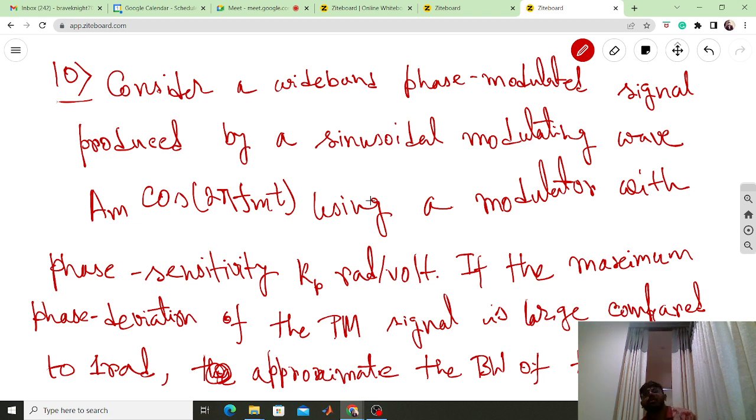So again, a wideband phase modulated signal produced by a sinusoidal modulating wave Am cos 2 pi fm t, using a modulator with phase sensitivity kp rad per volt. One assumption is given, that the maximum phase deviation of the PM signal is large compared to 1 radian. So we have to approximate the bandwidth of the PM signal.